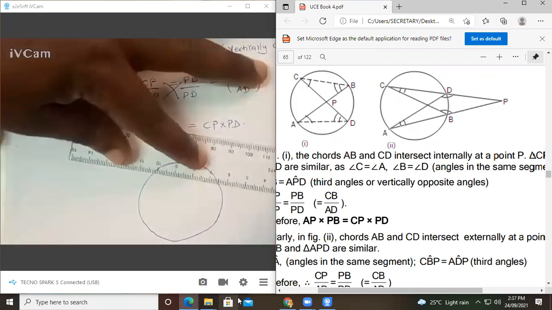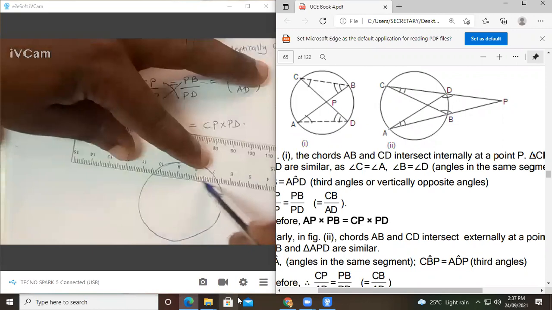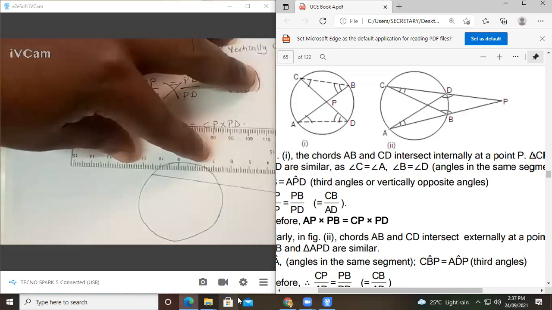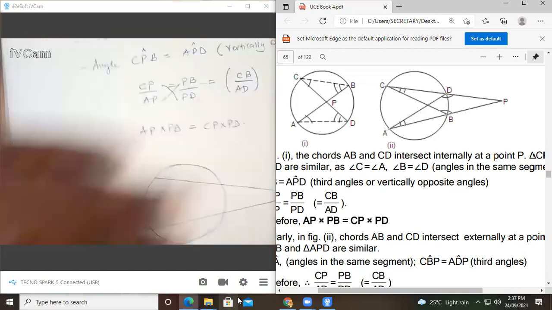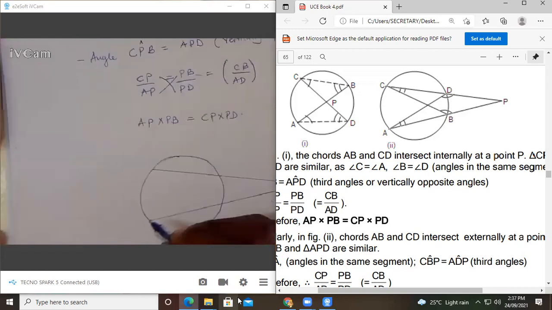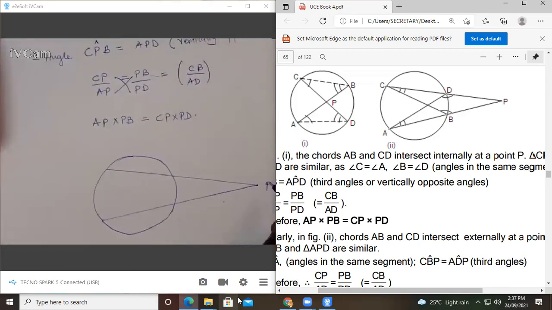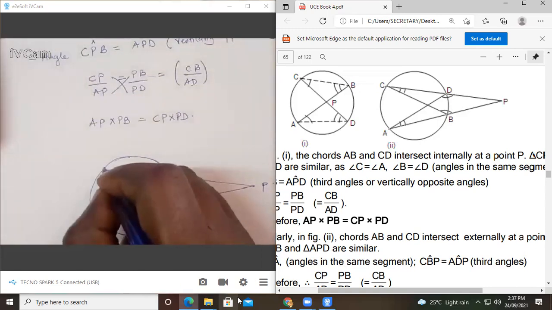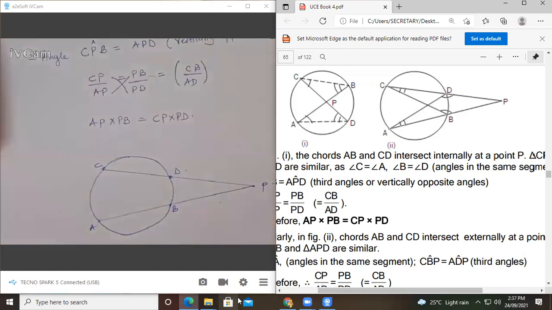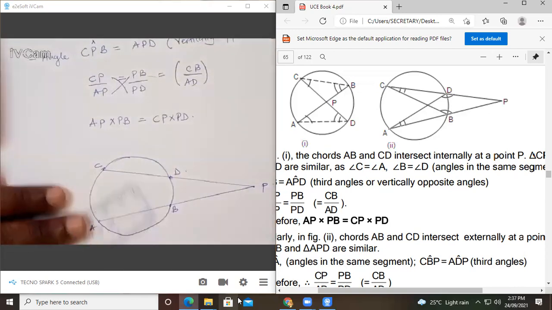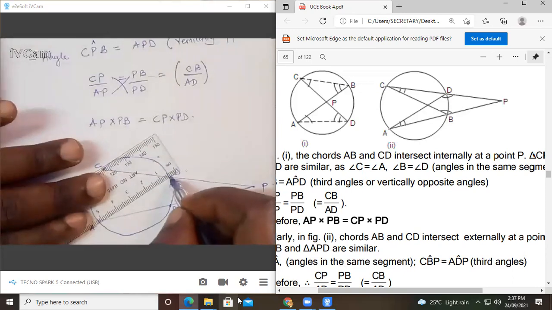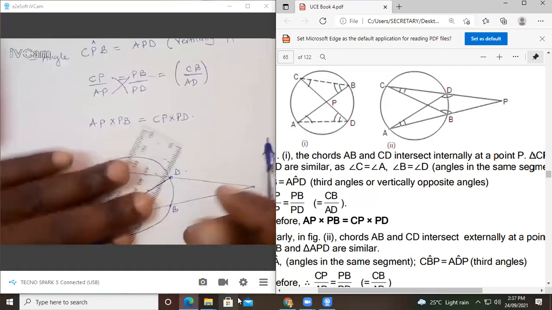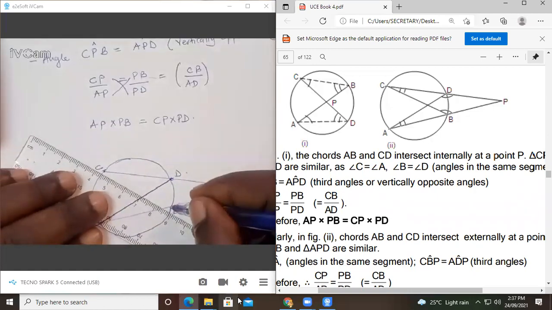So if these chords, the first chord is CD, it is extended to point this, and there is another chord there. So this is point P, and this is point A, this is B, this is C, and this is D. So those are the chords. Sorry, these are the lines. But the chords, the first chord was AD. That is chord AD. And then the other chord is C.